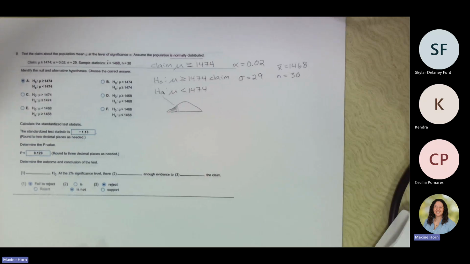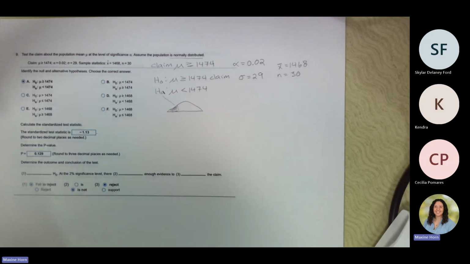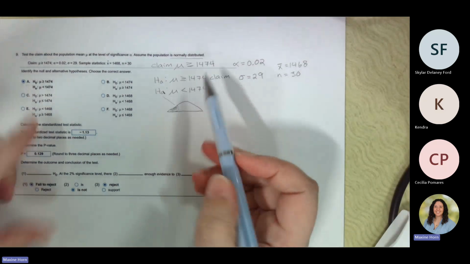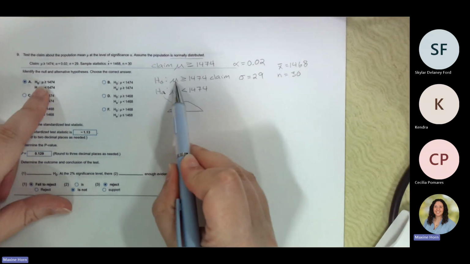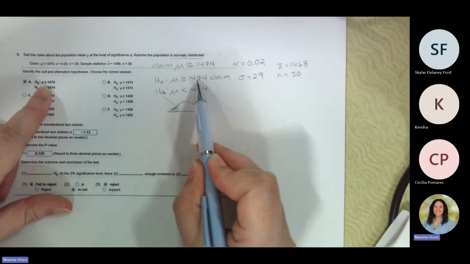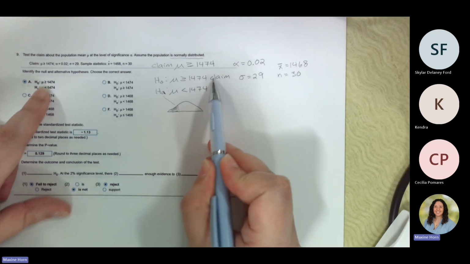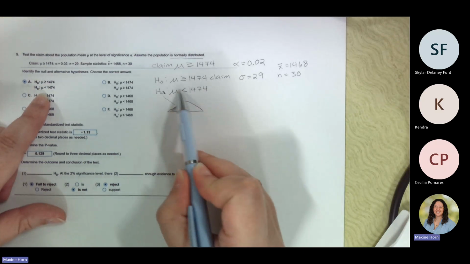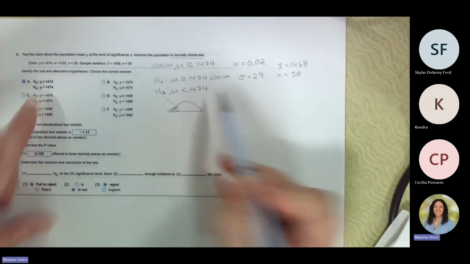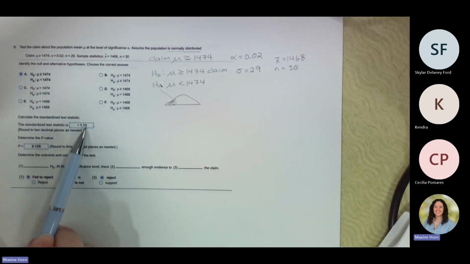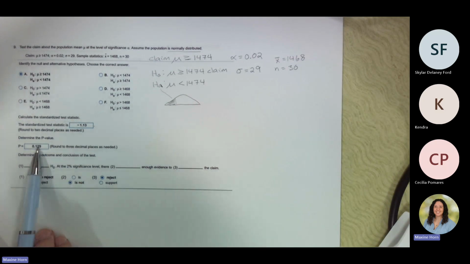So the first thing it wanted us to do was identify the null and alternative hypotheses. Well, we already did that. We said that our population mean is greater than or equal to 1474, that was our claim. So the alternative must be that the mean is less than 1474. Now it wants the standardized test statistic and the p-value.